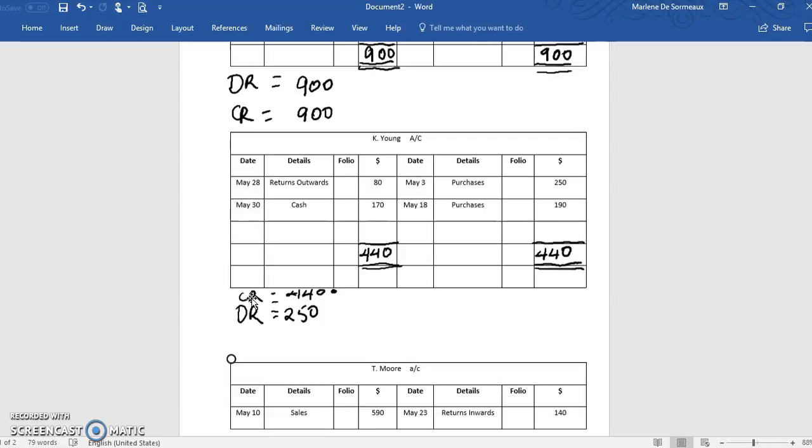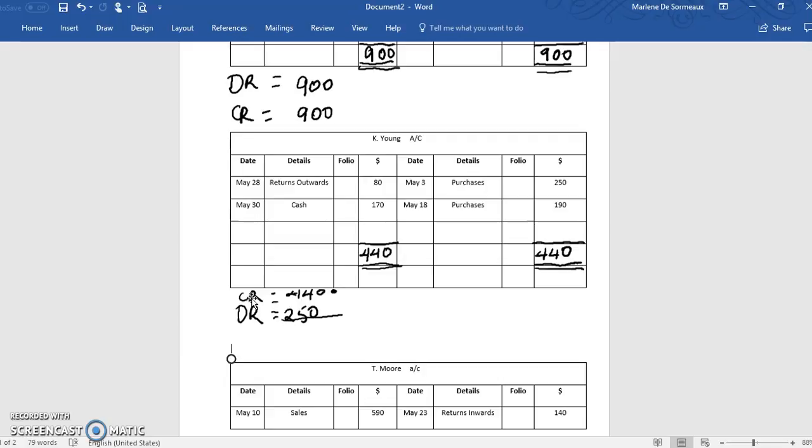So you see the 440, right, coming in there on both sides. Now if you look at the debit side, you'll realize that if you add 80 and 170, it gives you 250 and not 440. But yet still you have a total of $440. So what are you going to do here? You are going to subtract the smaller value from the larger value, right?